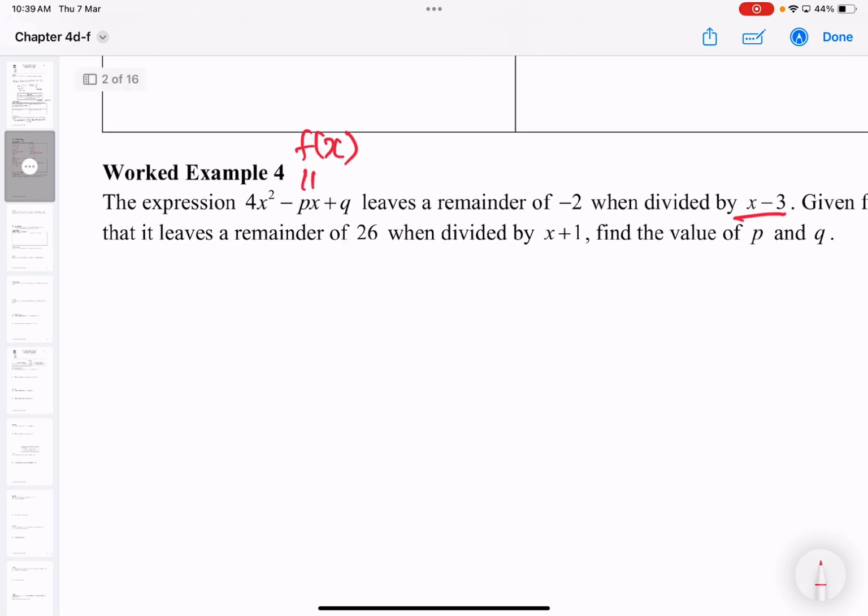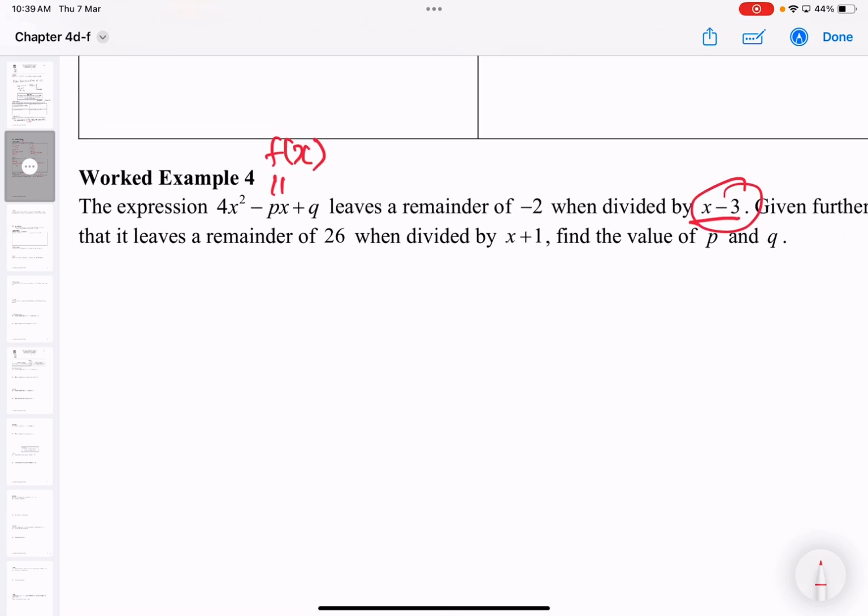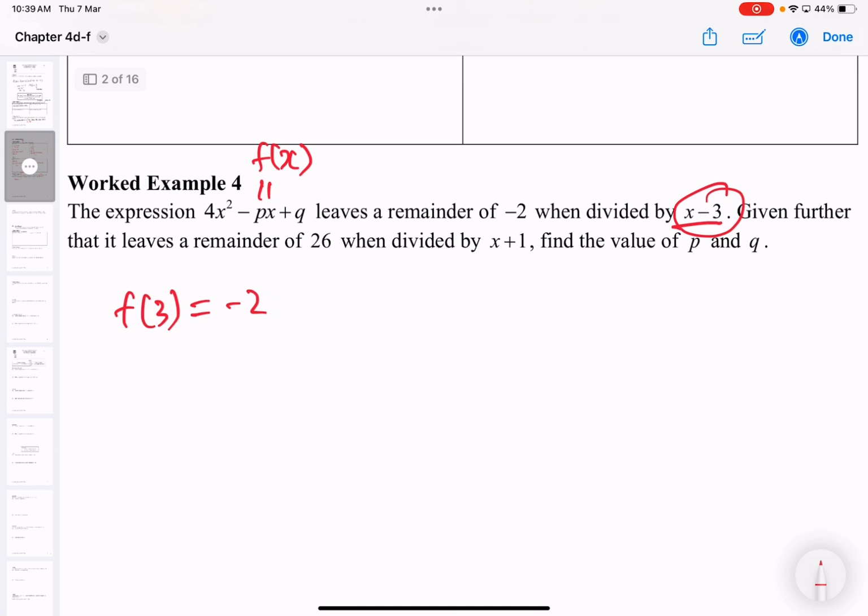So immediately you know that if you divide it by x minus 3, it leaves a remainder of negative 2. That means that if you substitute in 3 into the original function, you will get a remainder of negative 2. So this is your first one. The second one, if you substitute in x is negative 1 into the function, you will get a remainder of 26.